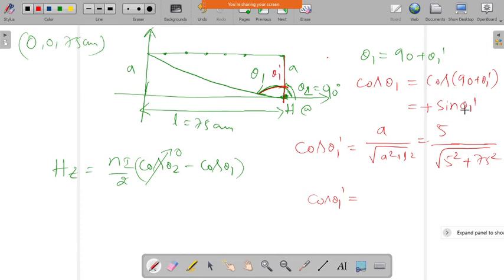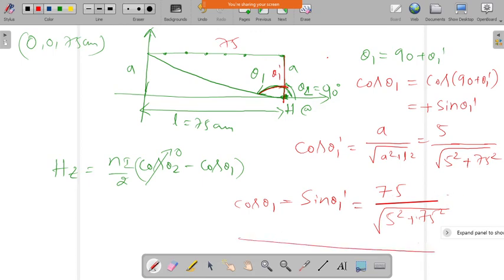Or we can directly find sin theta 1 dash, which is equivalent to cos theta 1 dash. Sin theta 1 dash is equal to the opposite, that is 75, divided by the square root of 5 square plus 75 square. This is sin theta 1 dash.